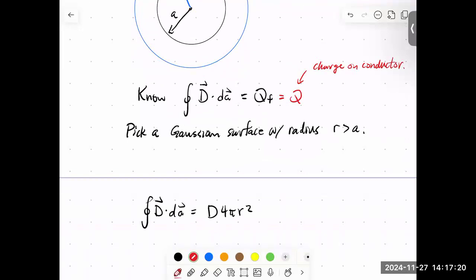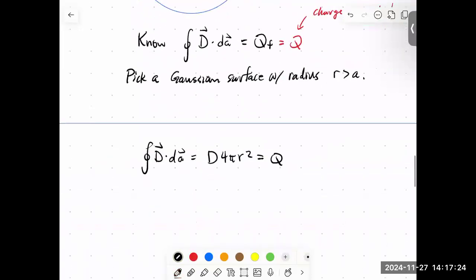So that just has to be equal to Q. And so right away, we get that D is equal to Q over 4 pi r squared, and if we wanted to, we could say that's in the radial direction.